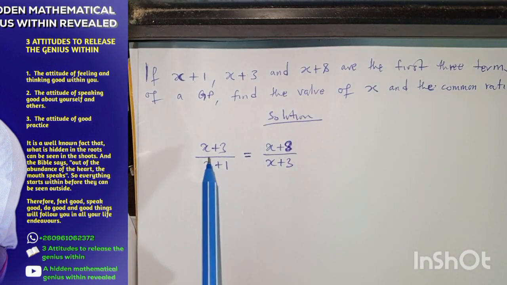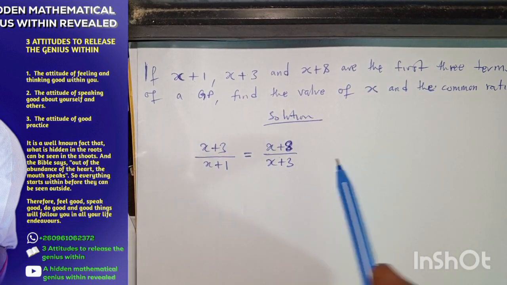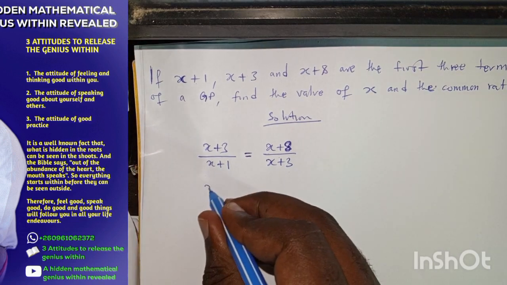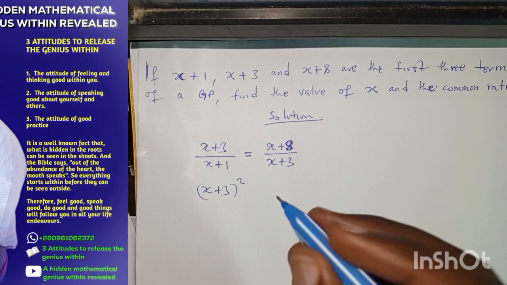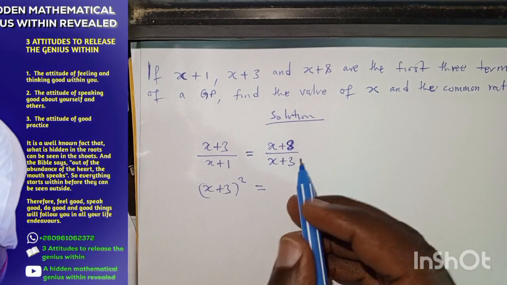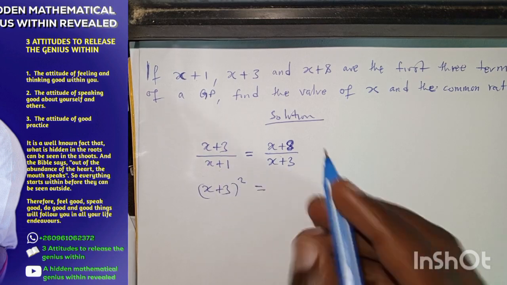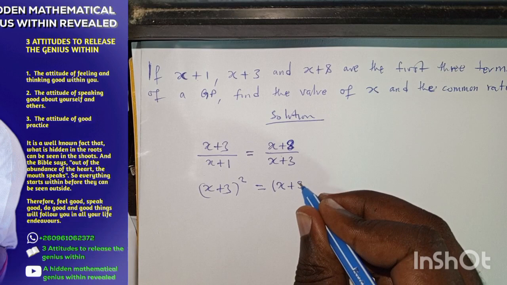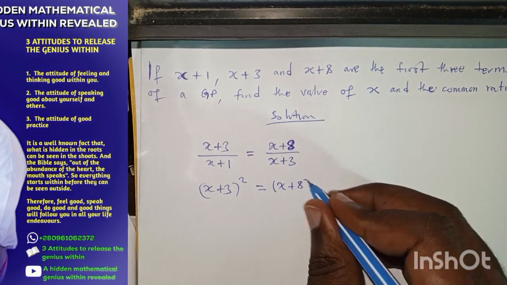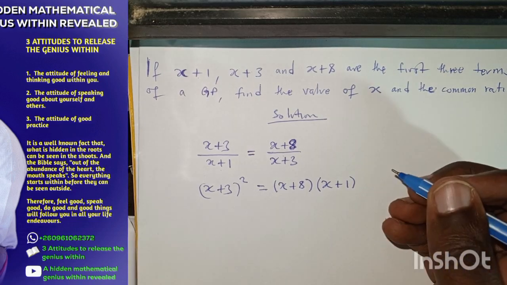So it will be x plus 3 multiplied by x plus 3, this is just simply x plus 3 squared. This is equal to x plus 8 multiplied by x plus 1. So we'll put them in brackets to show that there is a product.